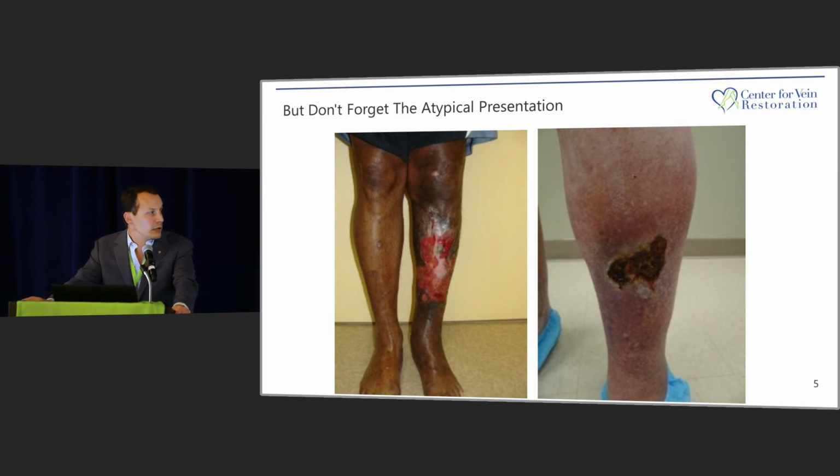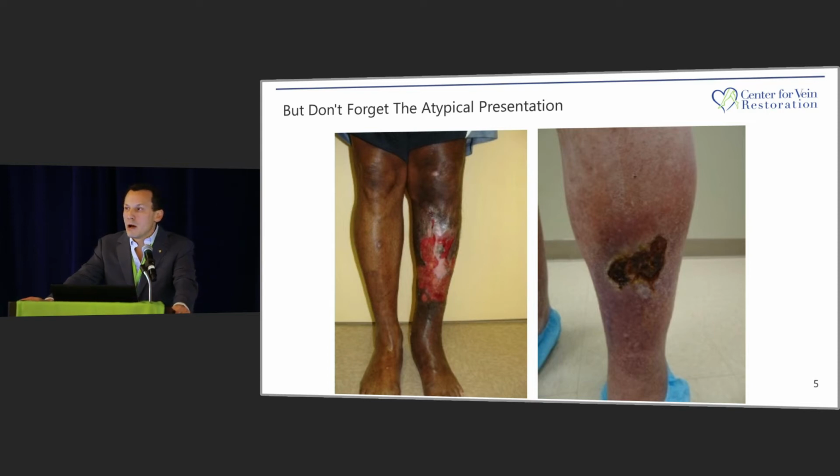Here are two. One is a non-medial extensive ulcer that was 100% venous, and it healed very rapidly after management of the venous disease. The other one is a gentleman with squamous cell carcinoma that had radiation therapy and ended up with what's considered a radiation ulcer.